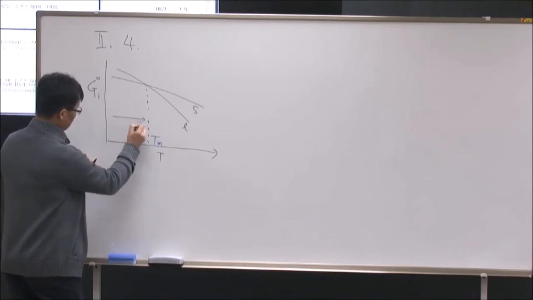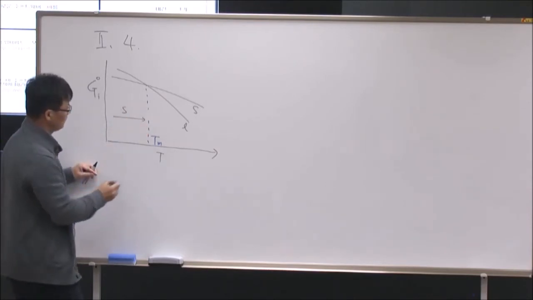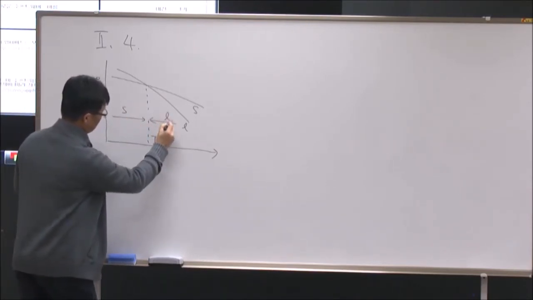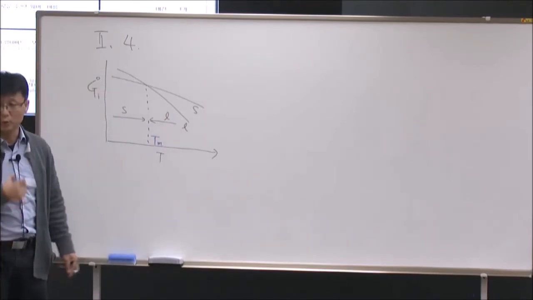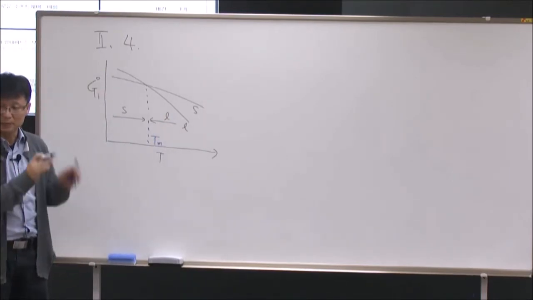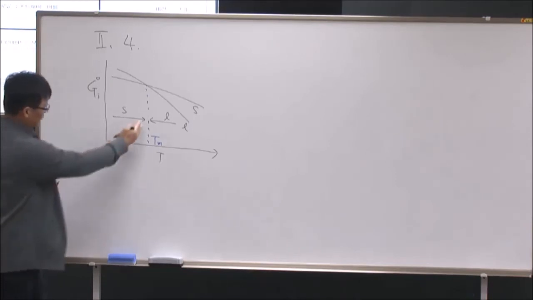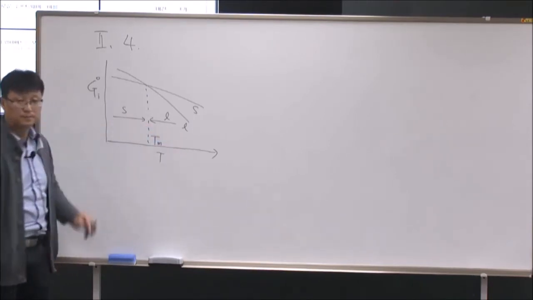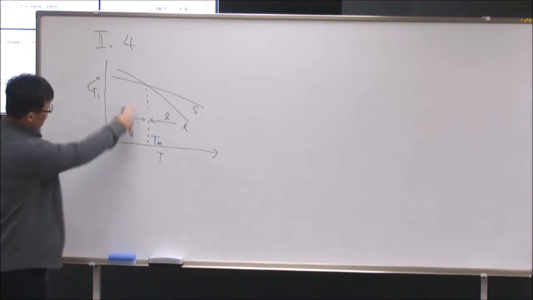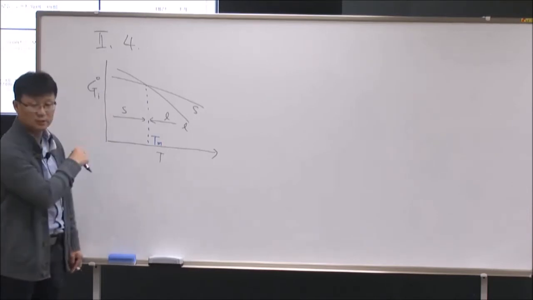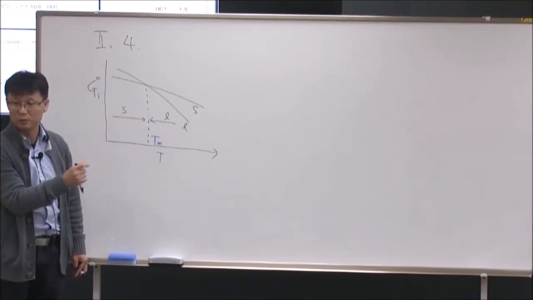So below this one, solid is the stable phase, and above this one, liquid is the stable phase. Yeah? So it's a one component system. I have, for example, H2O, ice, water. Okay? At melting temperature, the Gibbs energy of solid and Gibbs energy of liquid should be the same.